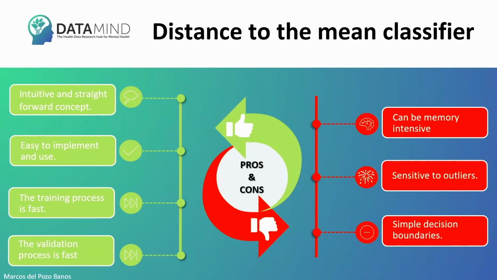The training process is super fast because effectively we only need to save the training data and potentially calculate the average sample for each class. And then the validation process is also very fast because now we just need to calculate the distance between the evaluated sample and each of the classes. So in the case of two classes, that's only two distances that we need to evaluate.